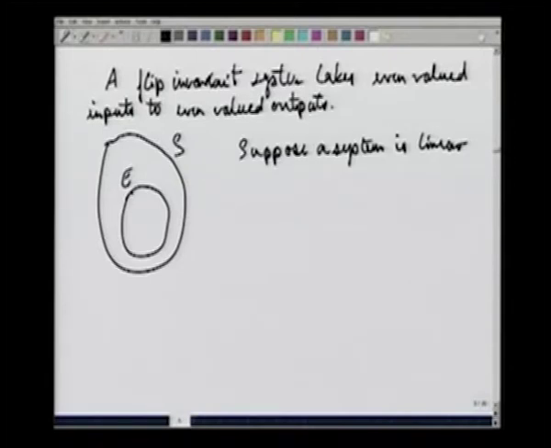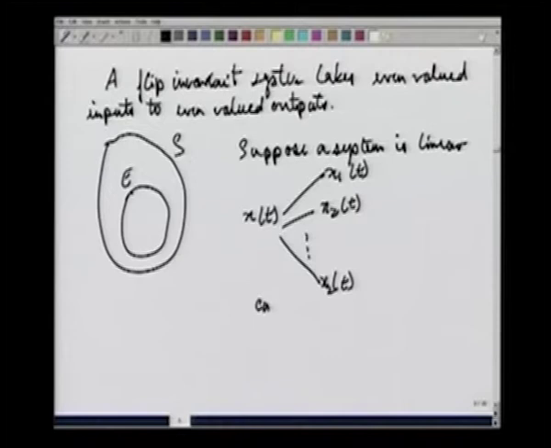You decompose the signal into components, you have xt, break it up into x1t, x2t, and so on, which are what I call components of xt.